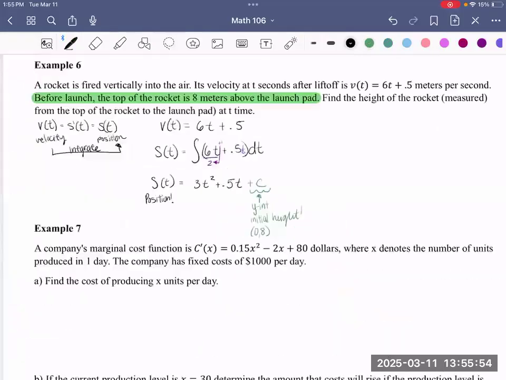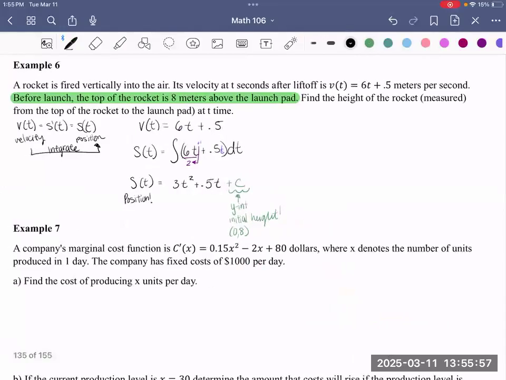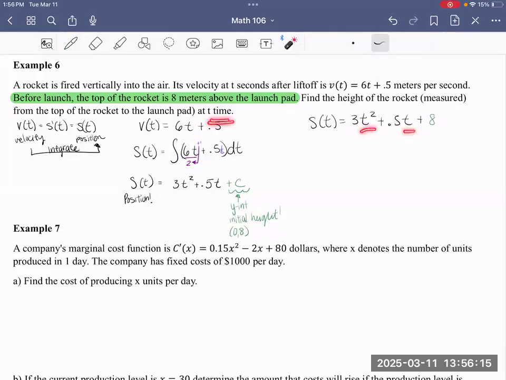So overall, your function is 3t squared plus 0.5t plus your 8. And there you have it. There is your height of the rocket from the top of the rocket to the launch pad at t time. We do not know your t, and that's why we have it listed here.